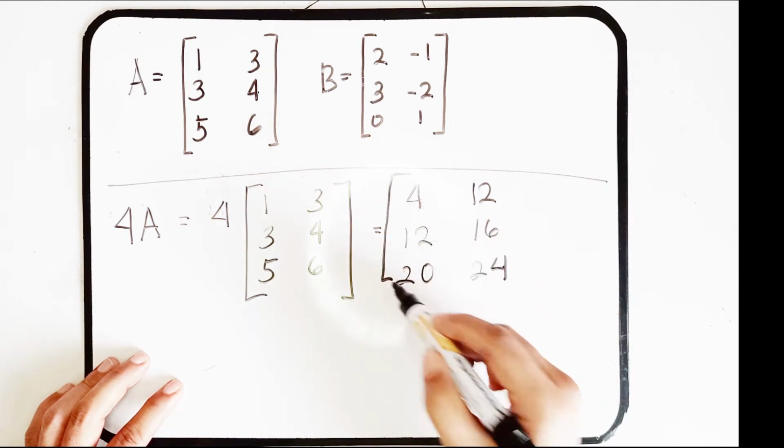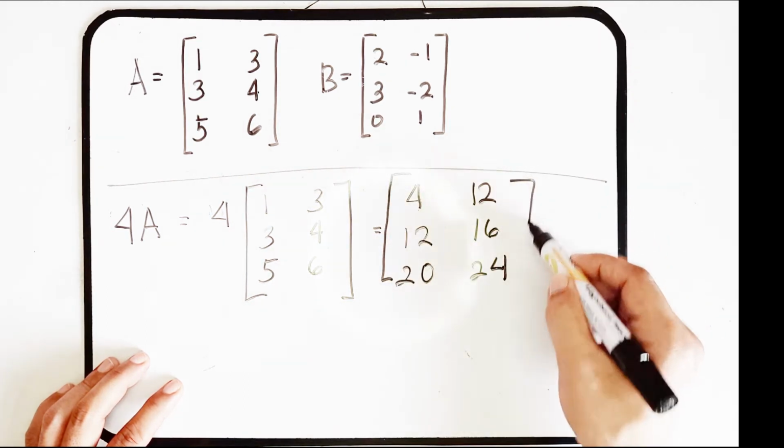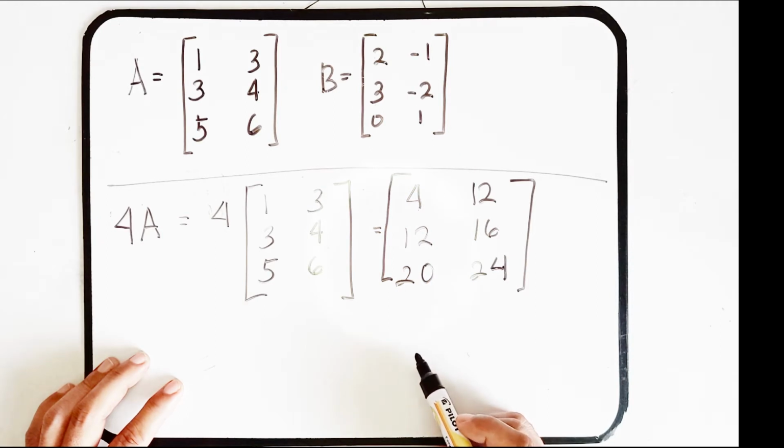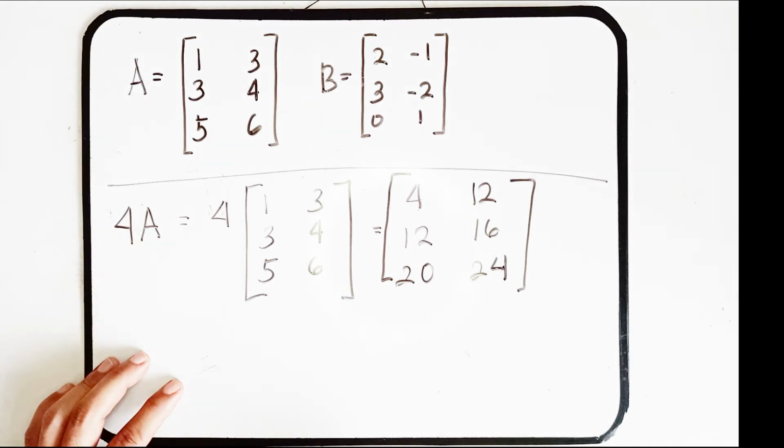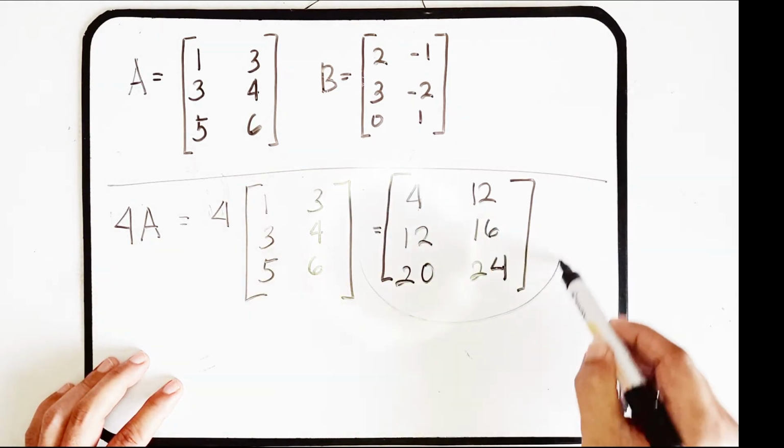Okay, so there you go. We were able to solve 4 times the matrix of A. So this is now the answer.